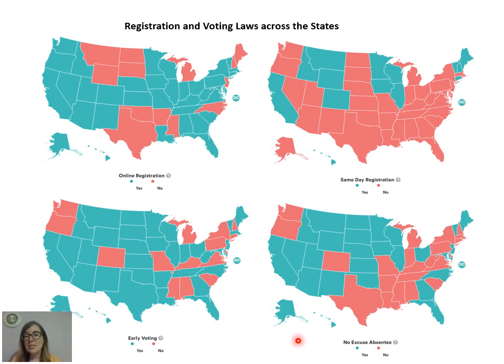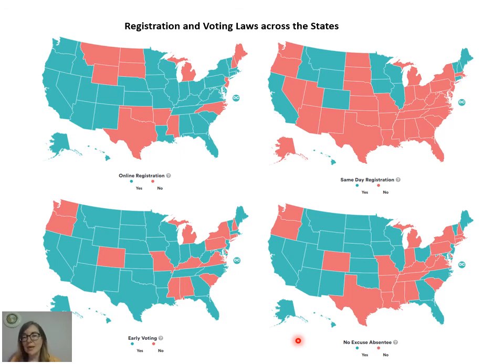And so you can see that quite a few states allow this. You don't have to have any reason. You don't necessarily have to be in the military and stationed outside of your state. You don't necessarily have to be attending school in a different state. If for whatever reason you would prefer to vote by mail, you request an absentee ballot.